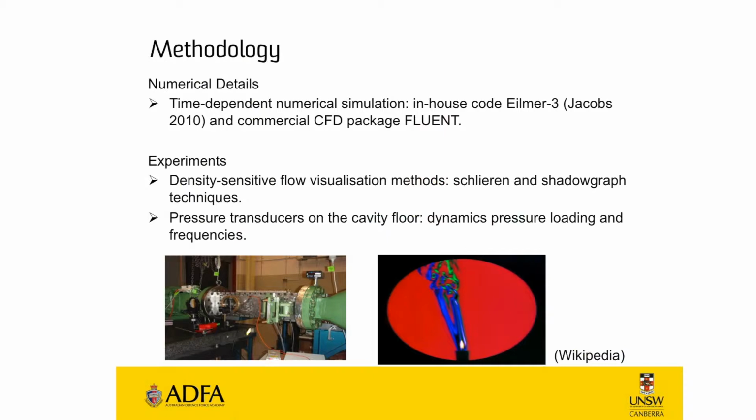Now, I try to achieve my objectives using numerical simulations with two different computational fluid dynamic codes. One is an in-house code, Elmer 3, and the other is a commercial CFD package, Fluent. I also do experiments in wind tunnels, which involve high-speed flow visualization techniques such as Schlieren.